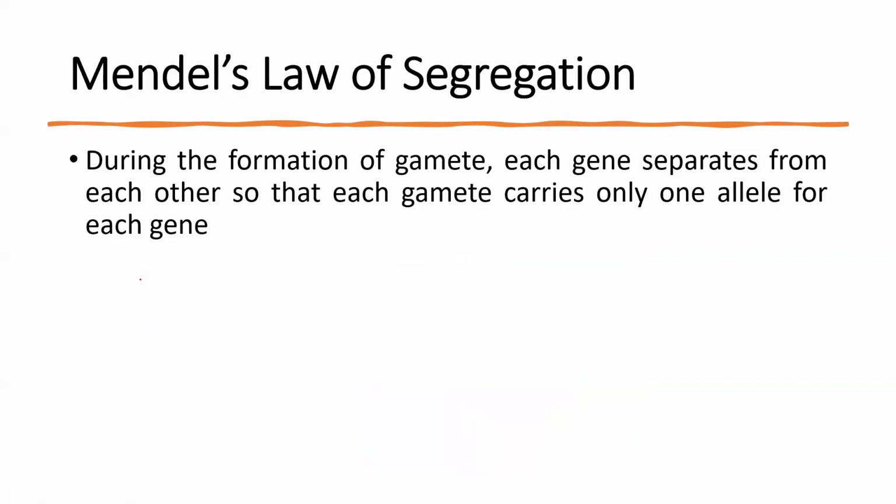All that means is, let's say you have big B on one chromosome and small b on the other chromosome.